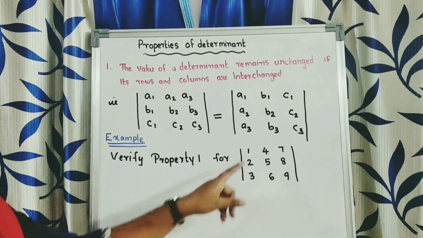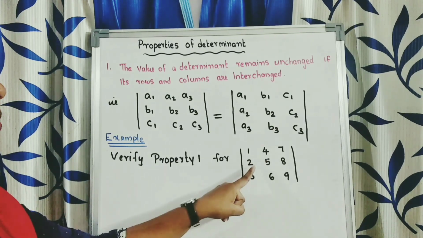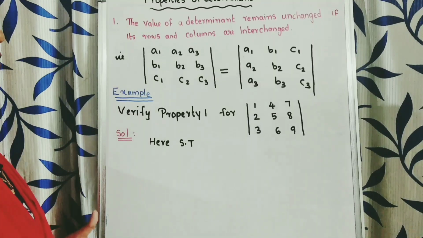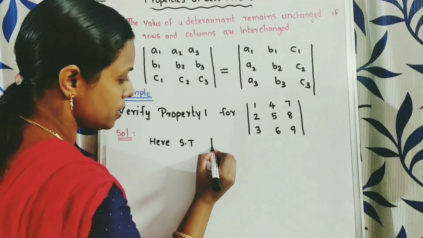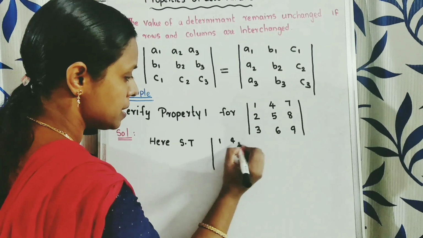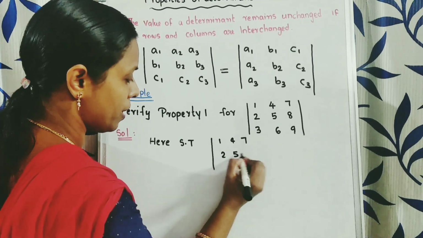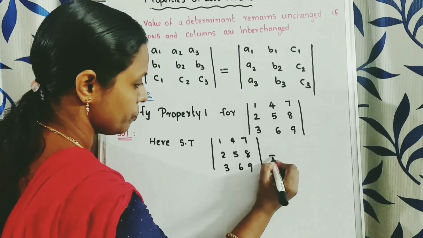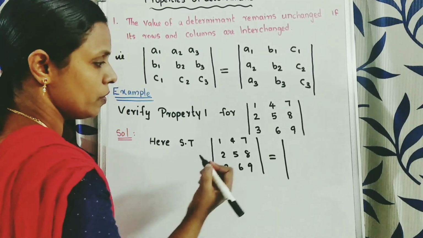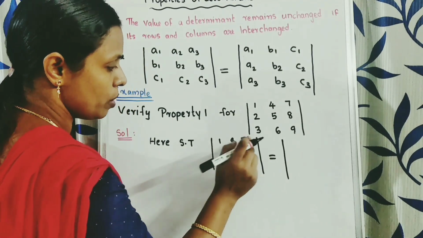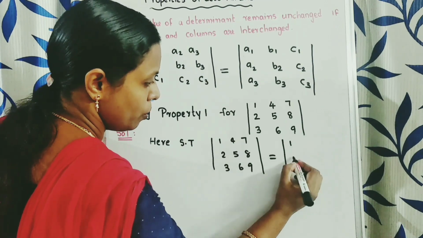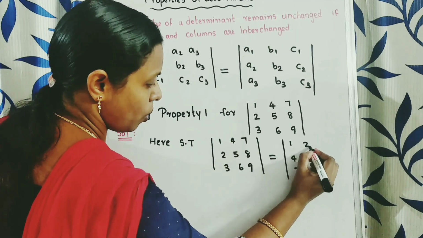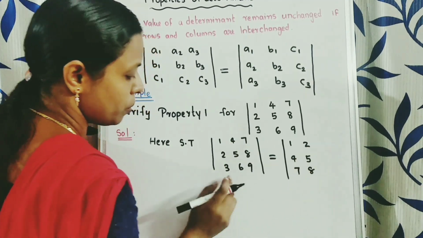For the determinant, the first row is 1, 4, 7, the second row 2, 5, 8, the third row 3, 6, 9. By property 1, we have to show that this determinant equals the one obtained by interchanging rows and columns: the first column is 1, 4, 7, the second column 2, 5, 8, the third column 3, 6, 9.